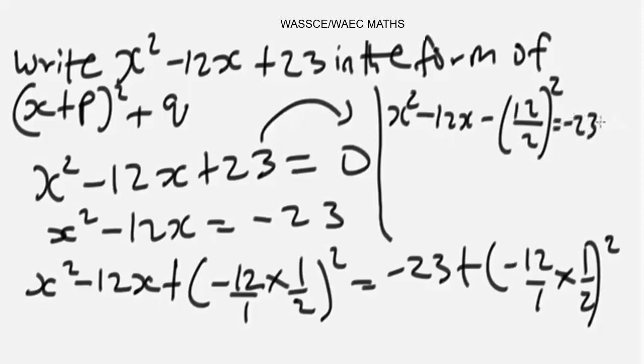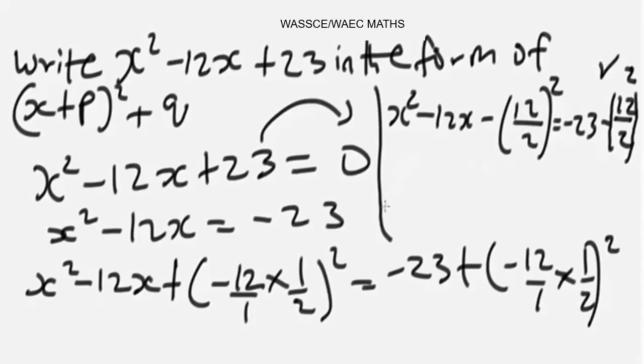When you simplify this, you're going to have minus 12 over 2, all squared. Now simplify everything on the right side of the equation.